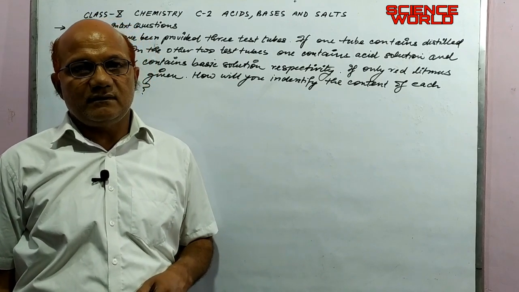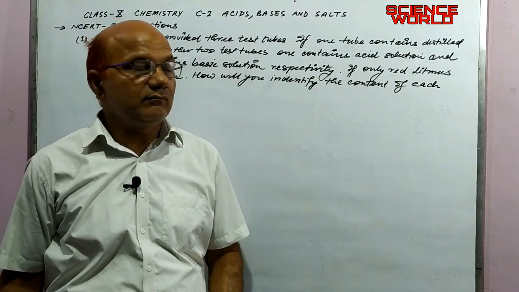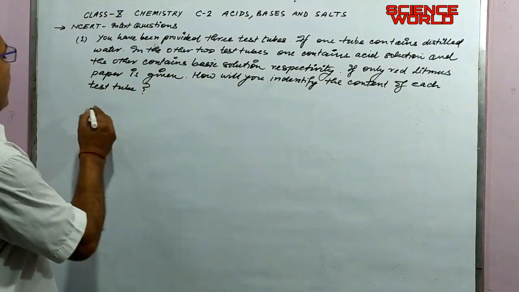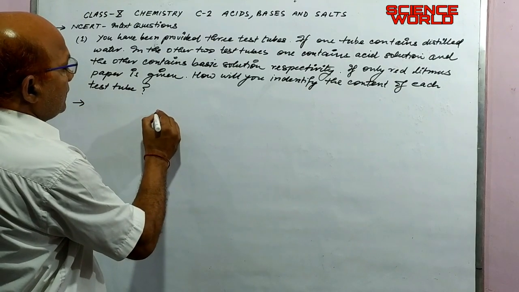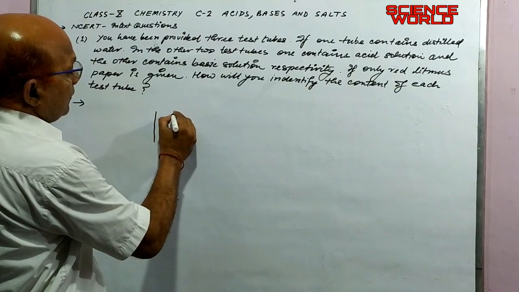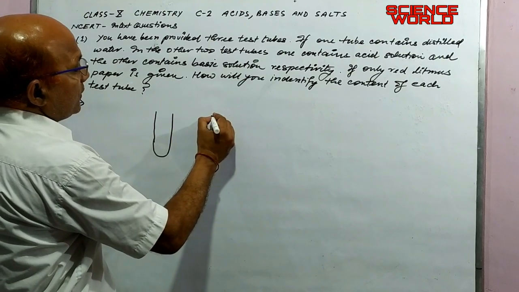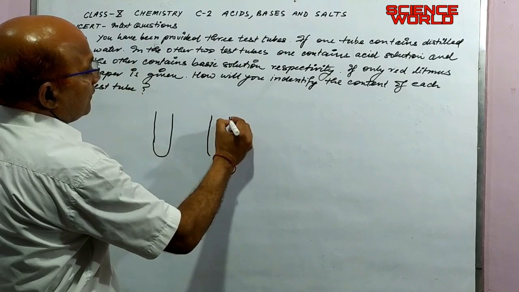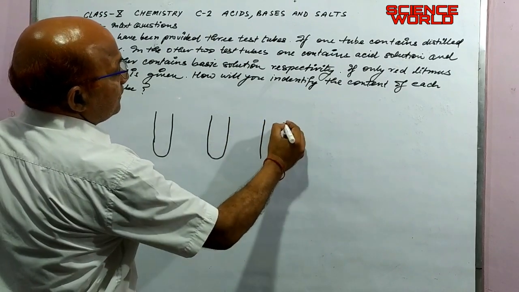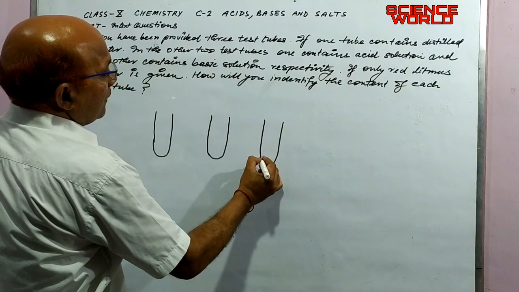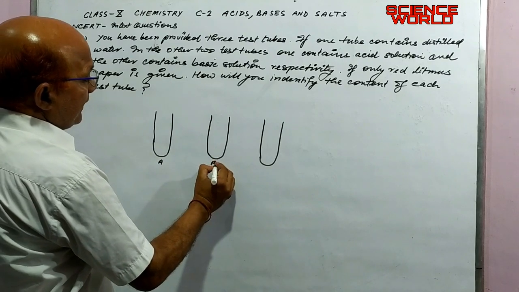How will you test the content of each test tube? So, let us see this question. Suppose these are 3 test tubes. Let A, B, C.